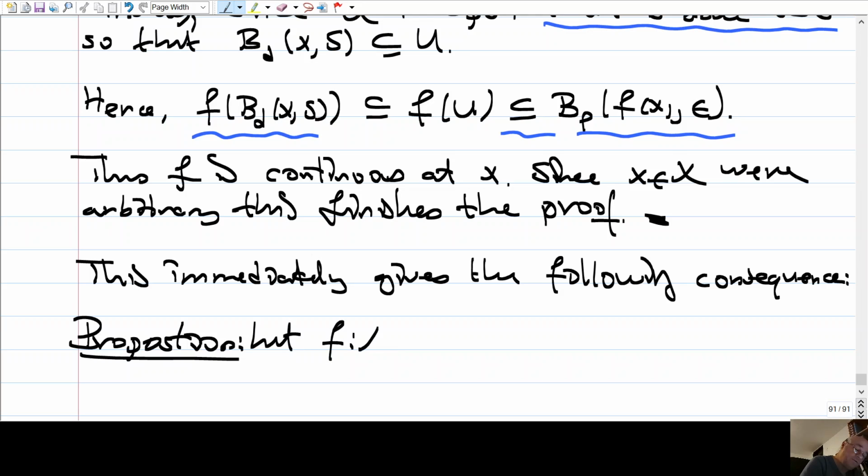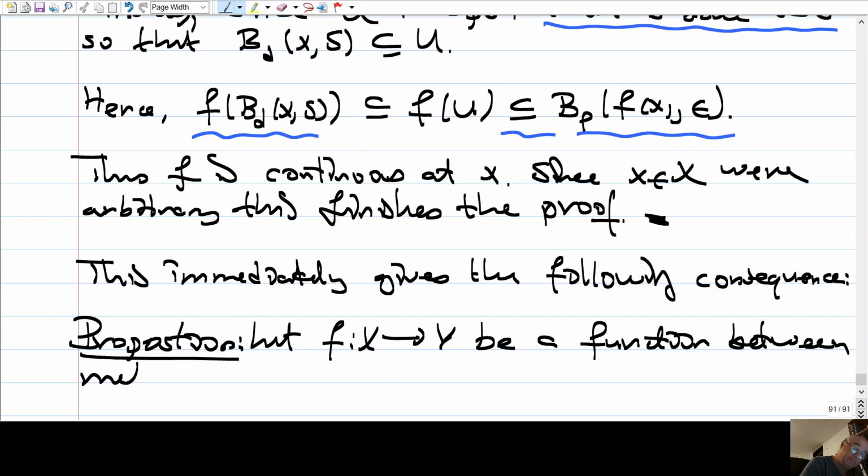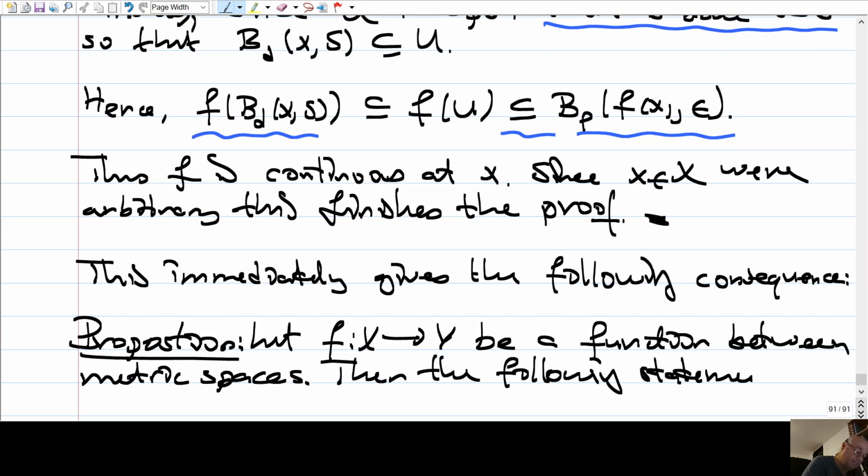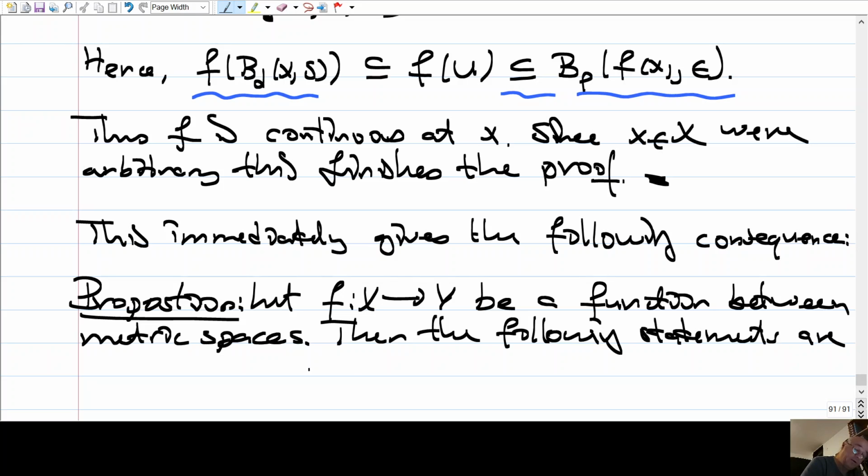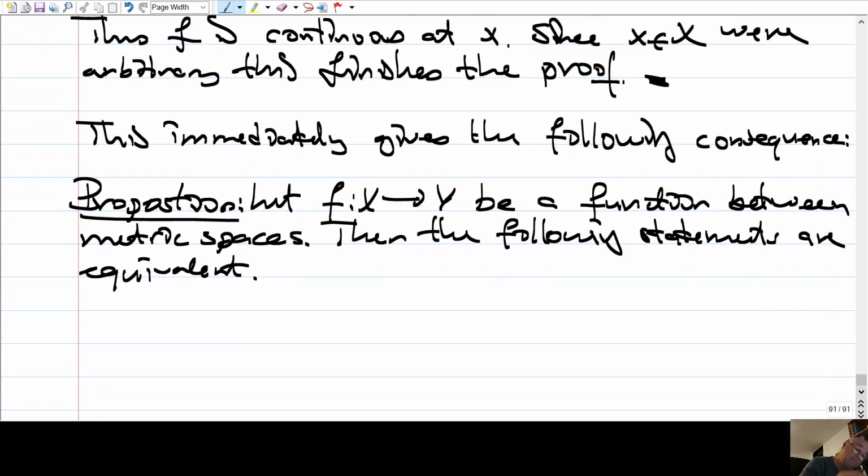Let f from X to Y be a function between metric spaces. And the following statements are equivalent. First one is the following: f is continuous on X.